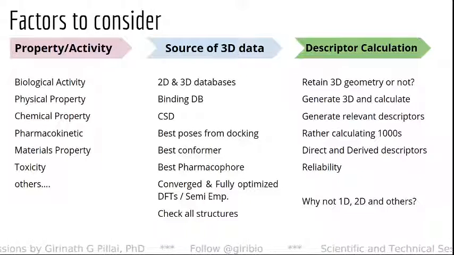And then direct and derived descriptors. See, when you see some of the tools providing 3000 descriptors, 1800 descriptors, if you sit and look at what the main descriptors are, there might be only 180 or 60 or 70 descriptors, max 200 or 220. And when they say 1800 or 3000, it is all derived descriptors.